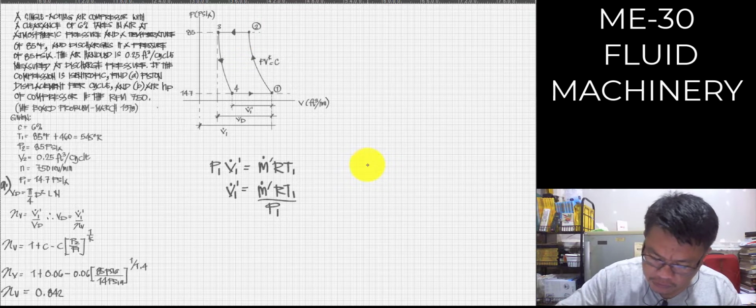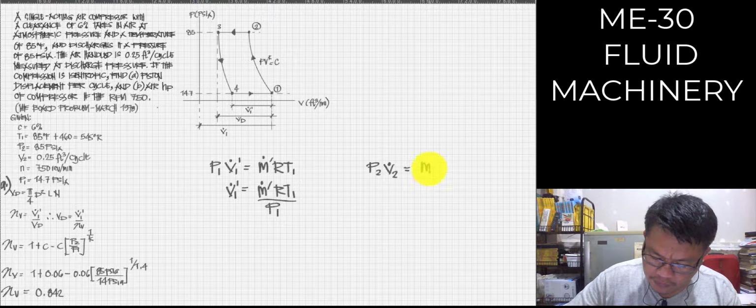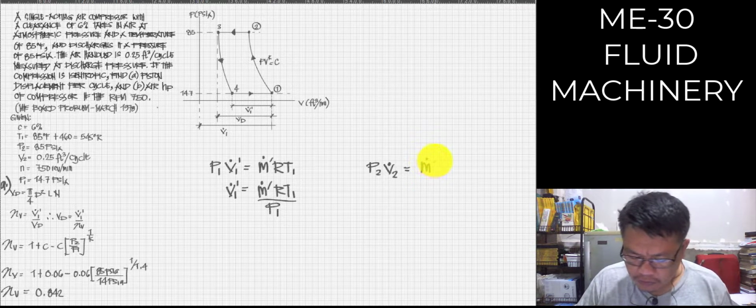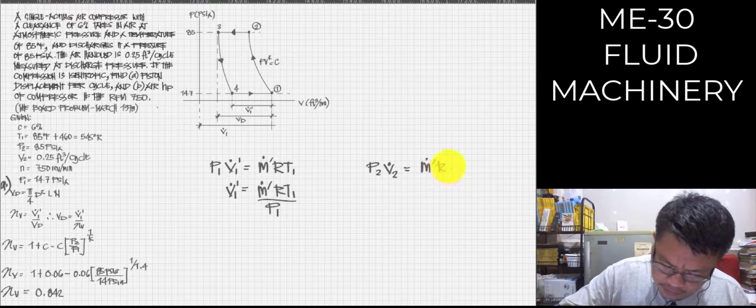So we have P2, and we have here V2, the volume flow rate at point 2, which is equal to the mass flow rate prime, then that will be multiplied by R, and we have T2.